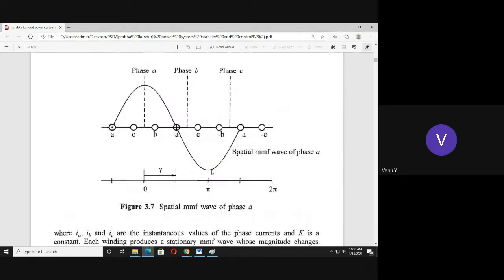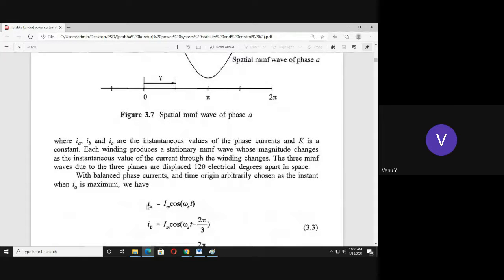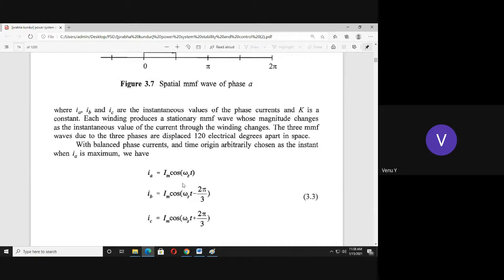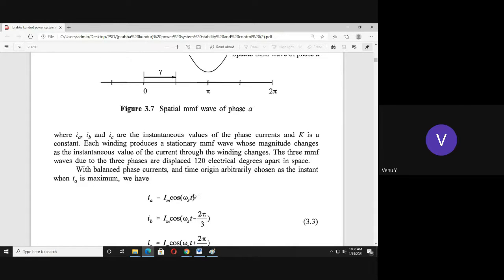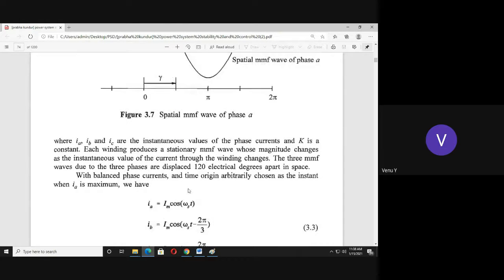Whereas in time, the current is varying like this. IA is a sinusoidal current. IA is equal to Im cos omega s t. Cos or sine doesn't matter; the wave shape is the same. So IA is Im cos omega s t, and IB is lagging by 120 degrees. Omega t is the reference time.